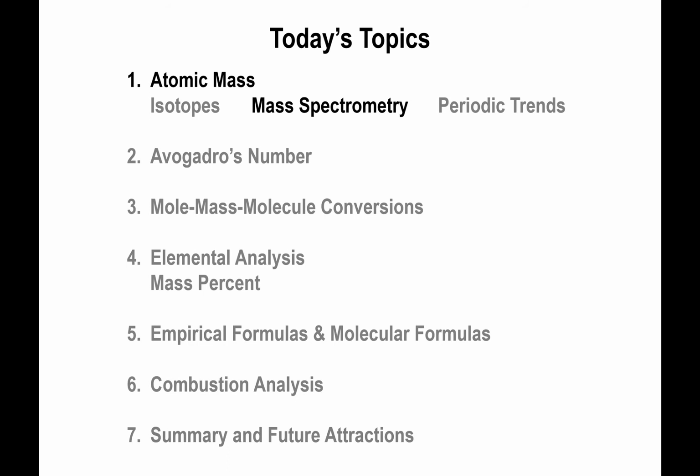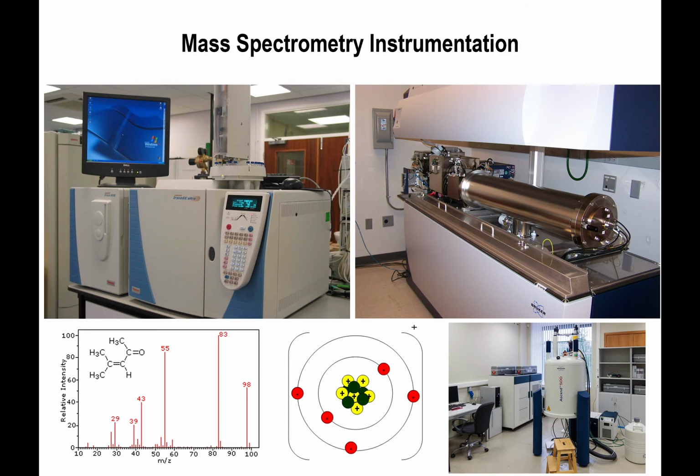All right, now let's talk a little bit about the spectrometry that allows us to measure the masses to such a level of accuracy for these isotopes via a technique known as mass spectrometry. Now, mass spectrometry uses very sophisticated instrumentation, some of it even more impressive looking than others.